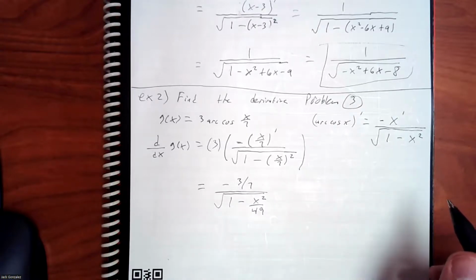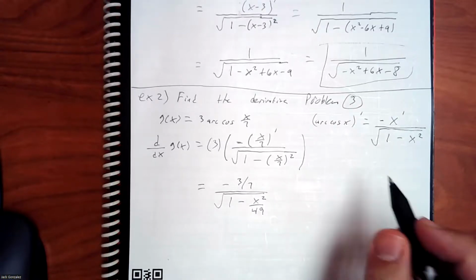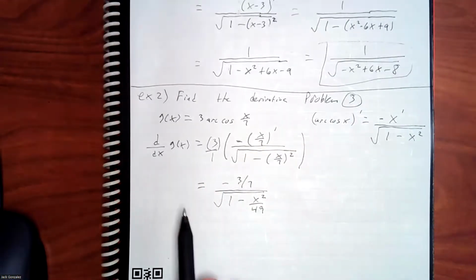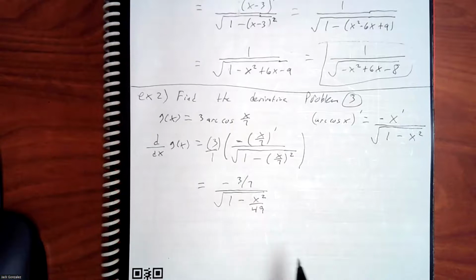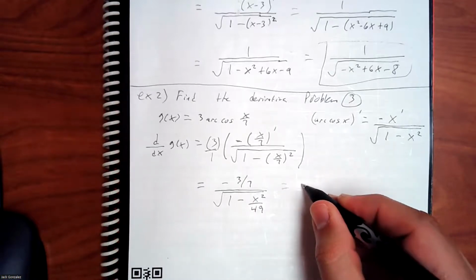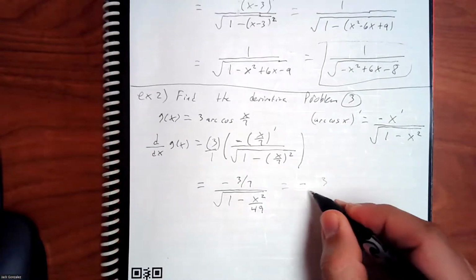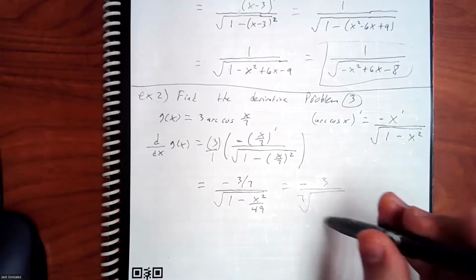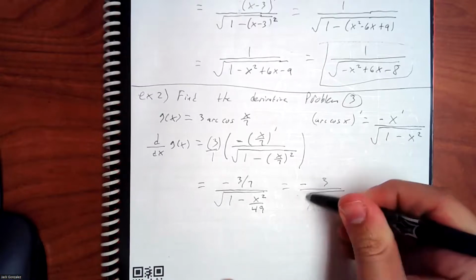Yeah, technically it's this. So I only put the 3 on top. You could also rewrite it this way if you prefer. Oops, that looks confusing. Hold on a second.